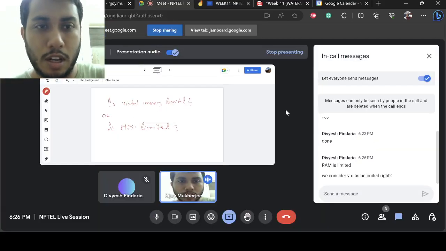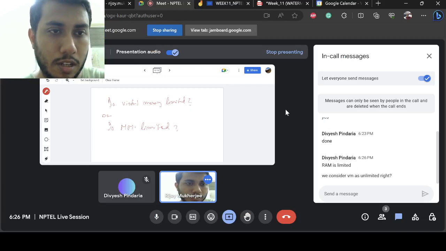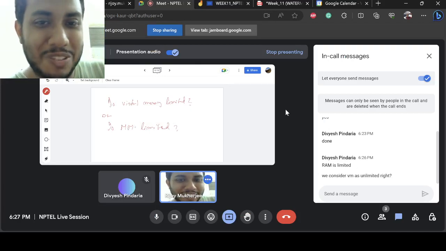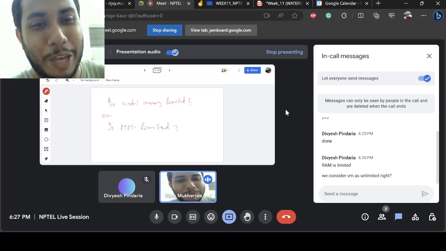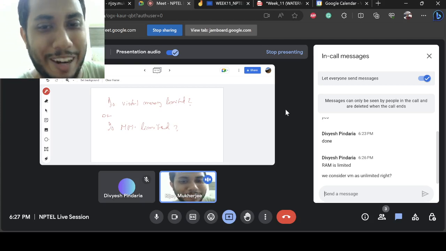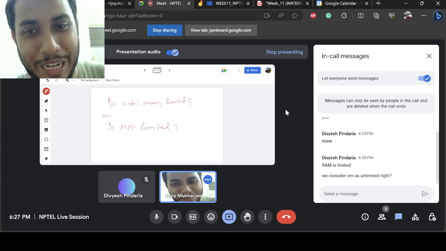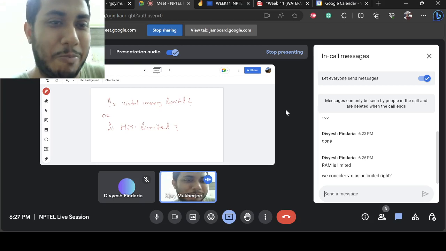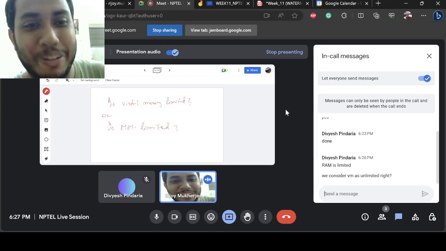Yeah, so VM can be considered as unlimited. Let's be honest, VM is practically unlimited, right? Your laptops have 1 TB, 2 TB of storage, whereas your main memory is just stuck at 8 GB, 16 GB.